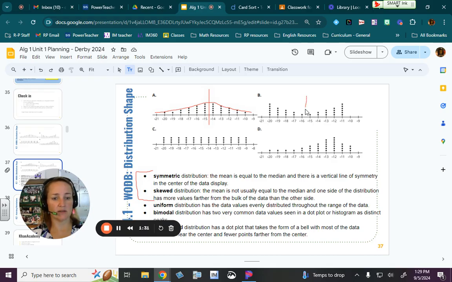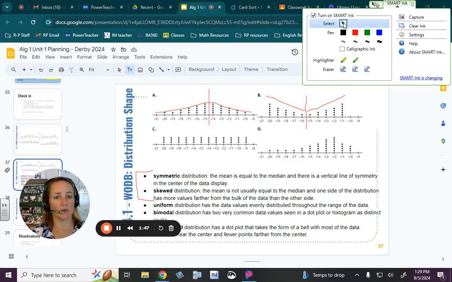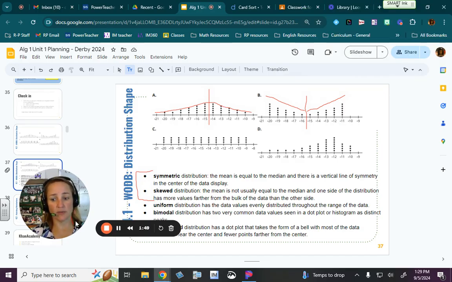Again, if we put a line right here in the middle, we have something that is going downward on the left, it's going upward, it's roughly the same on the left and on the right. And so B is also symmetrical, is what we would call that.